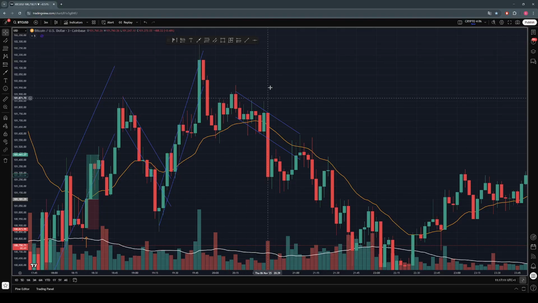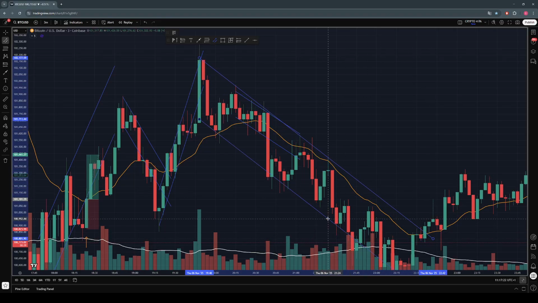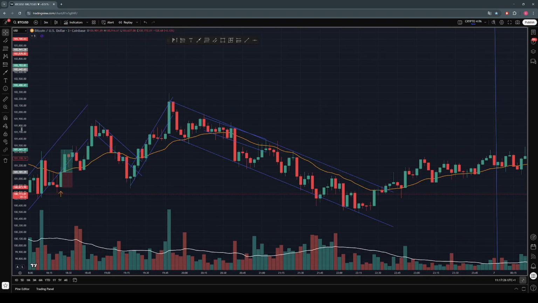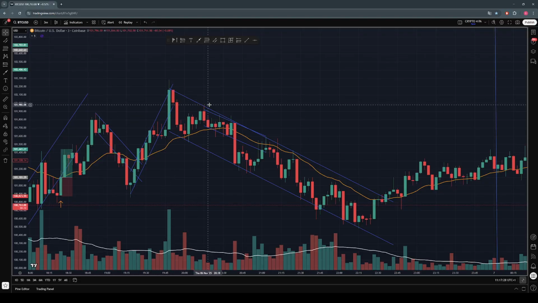There's not much you can do here. Essentially know that uptrend probably played out somewhere here because you see a lower. Ooh, I like this. You see the lower.